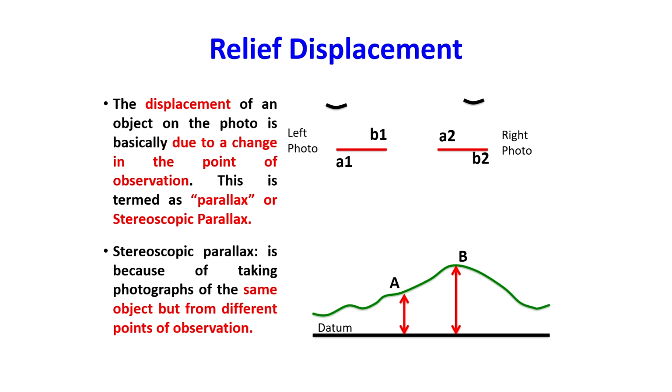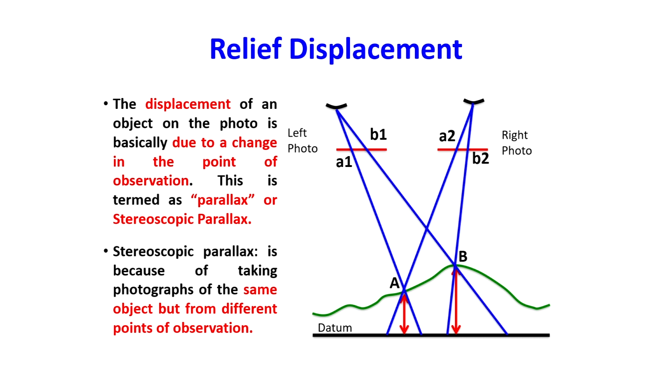You have different heights of the overall terrain, shown as point A and point B. If you view this with different eyes, the same area, you are viewing the whole terrain with different heights. The observation point changes, and due to this change in observation point, what you see is the relief displacement.